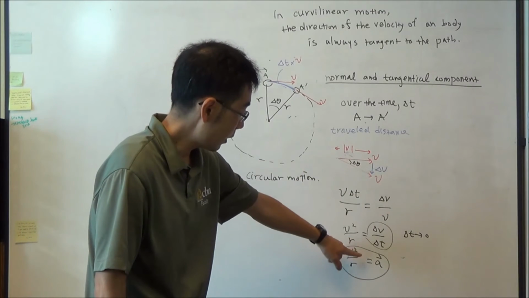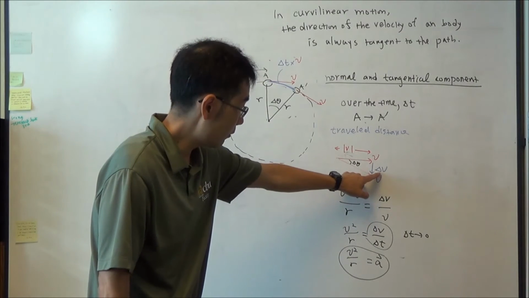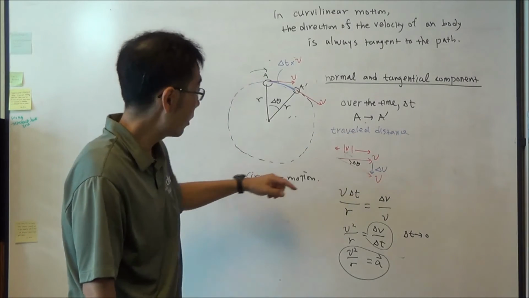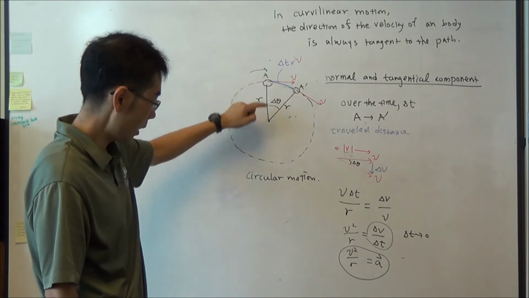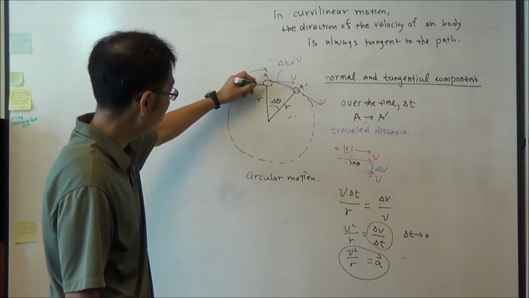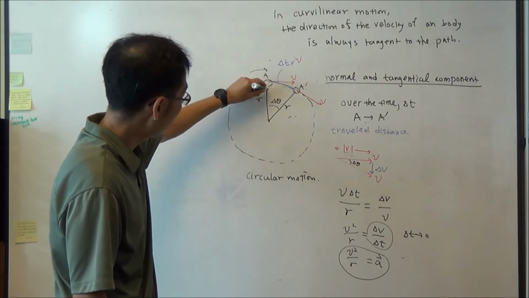The direction of the acceleration is the same as delta v. Right now, this one is going a little bit down. So at this moment, the direction of the acceleration should be going down.